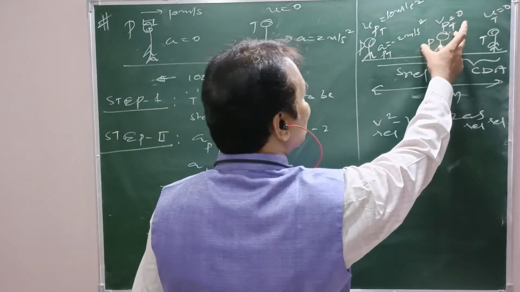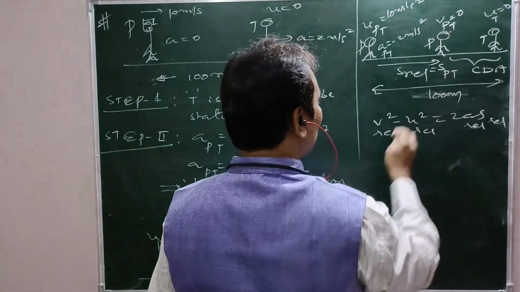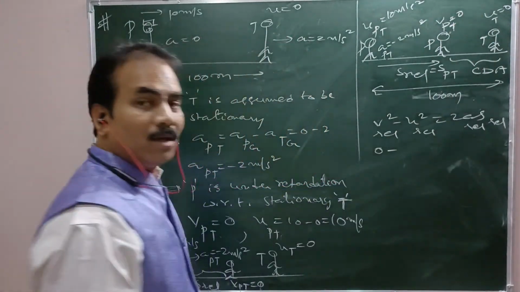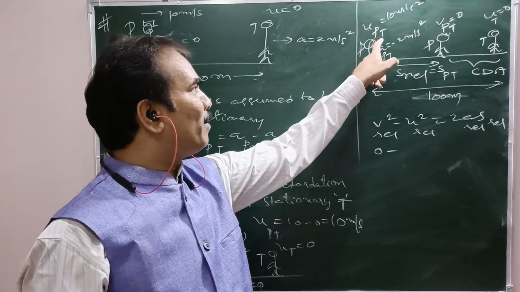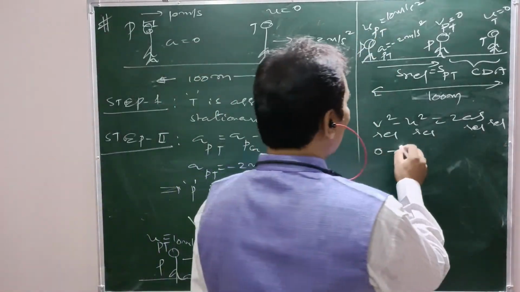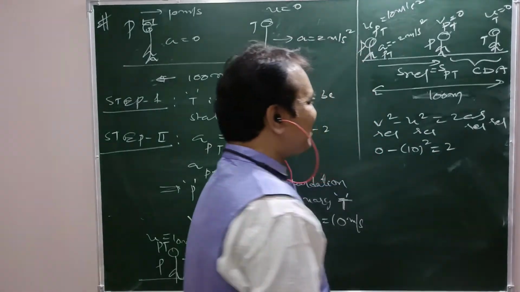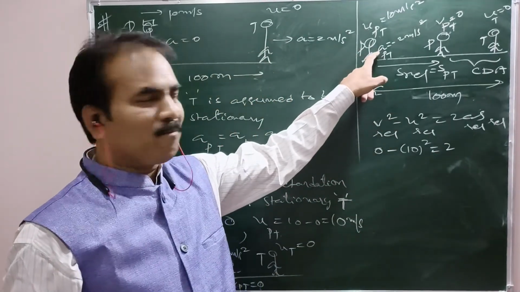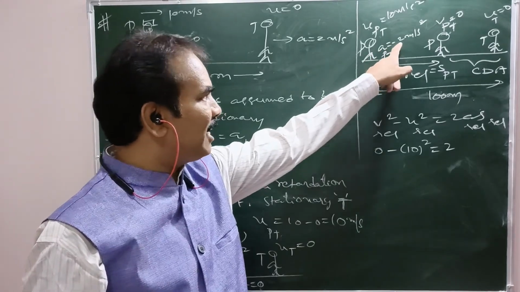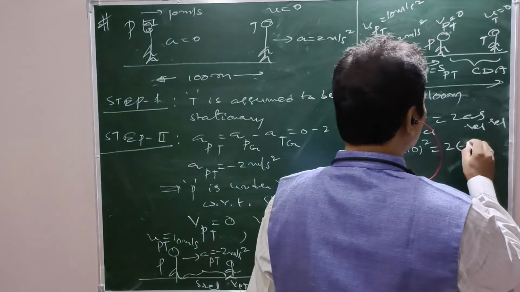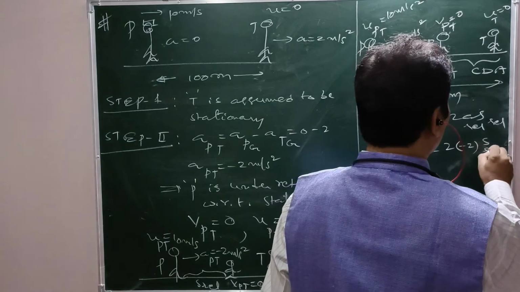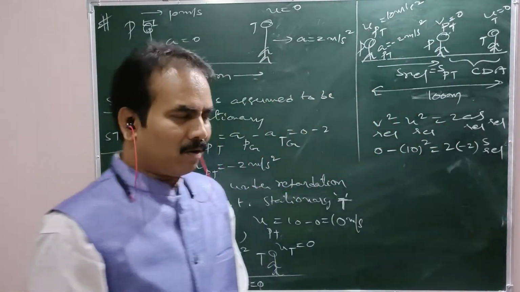The final relative velocity of the policeman with respect to the stationary thief, that is 0, minus U relative. What is U relative? UPT, that is 10, 10 squared, equal to 2 into A relative, the relative acceleration of the policeman with respect to the thief, that is minus 2, into S relative, which is unknown.